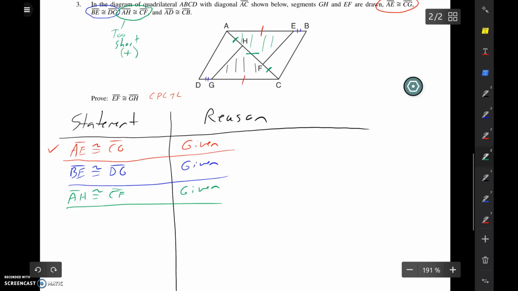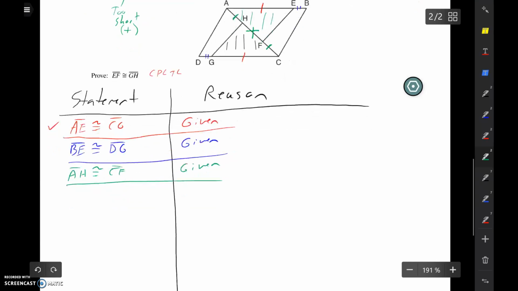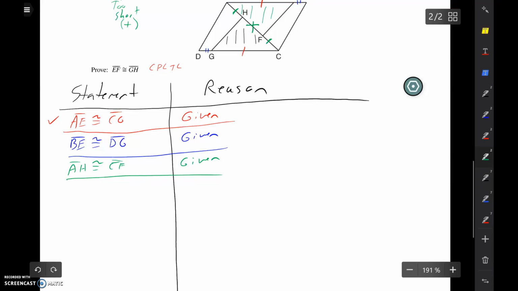I need HF. And the reason why I can do that addition is because HF is what I'm adding to both of them. Now before you do an addition such as this, you have to state that the thing I'm adding to both of them, even when it's the same piece, is reflexive, with our reflexive property. And then I could do the addition.